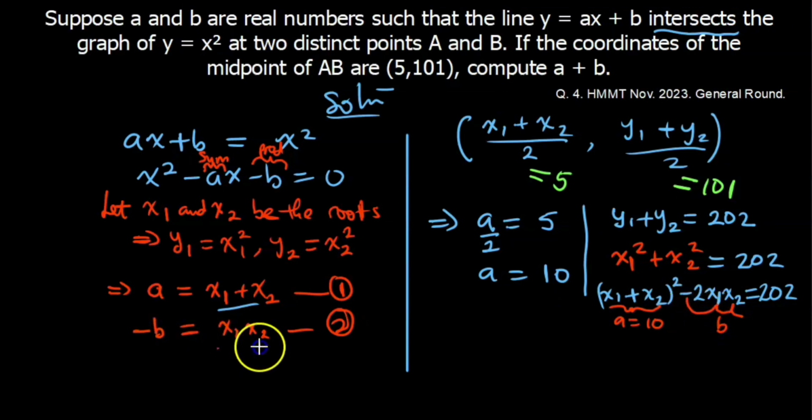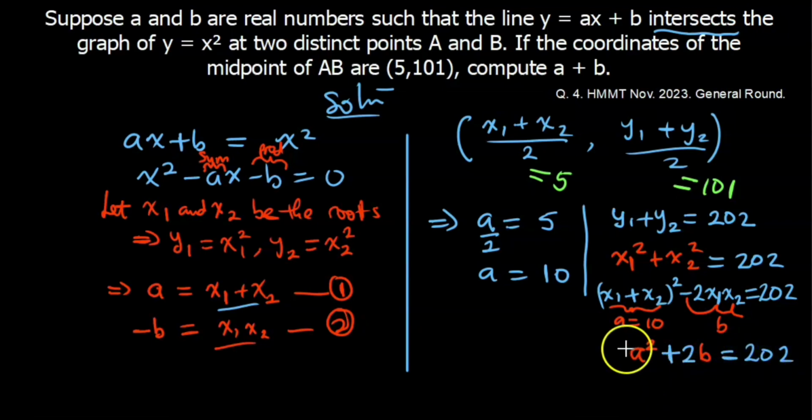From equation 2, b is equal to negative x1 x2, so we can replace negative x1 x2 with b. That means we have a squared plus 2b, because b has taken the minus. We equate that to 202.